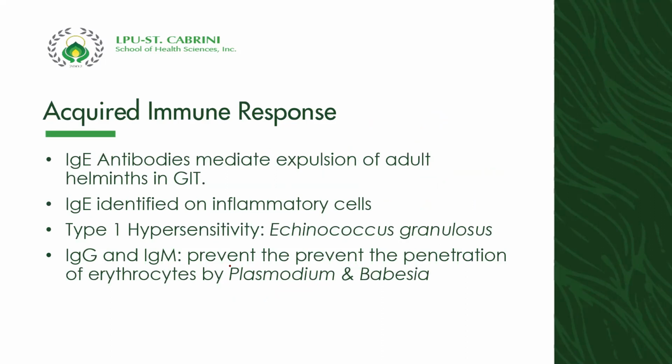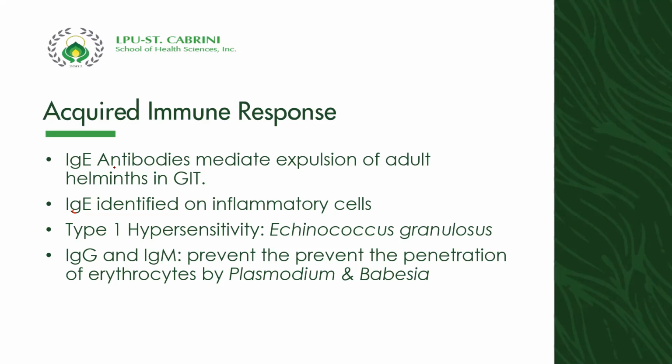Okay? IgE antibodies mediate expulsion of the adult helminth in the GIT. And IgE is identified on inflammatory cells. You might wonder, why is IgE elevated?